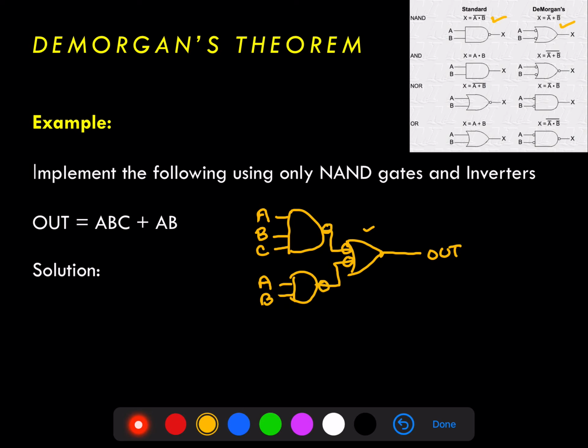And now we have an expression and implementation that's identical to what we started with, but we see now that we have an OR gate with inverted inputs, which is simply a NAND gate, according to DeMorgan's theorem. In the process of double inverting, we also created 2 NAND gates at the input to our implementation. And so now we have the output implemented as a function of 3 NAND gates.